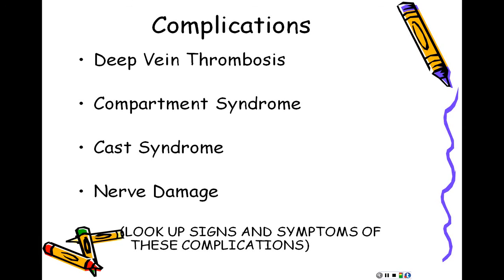Make sure you read over that. Make sure you read over cast syndrome. We talked about that earlier, when the person has on a body jacket and develops nausea and vomiting as a result of pressure on the duodenum. The person can also develop nerve damage.